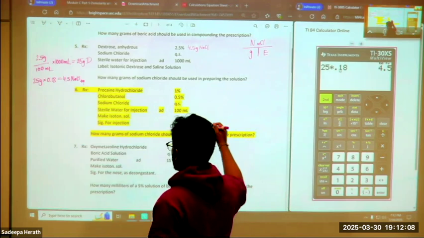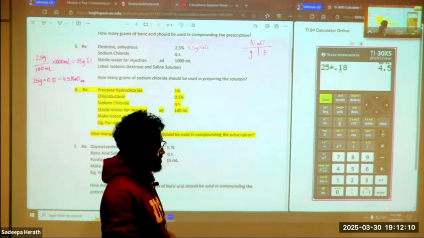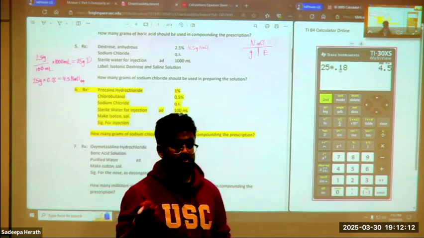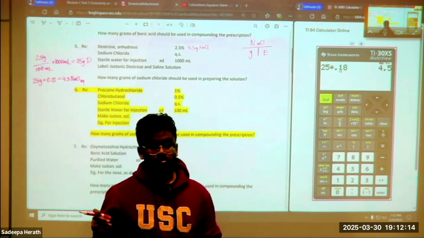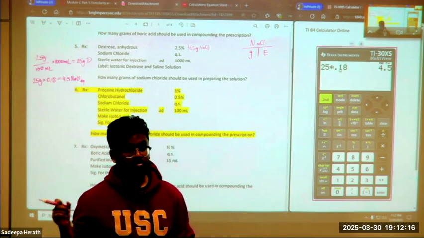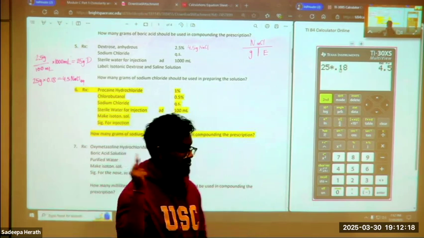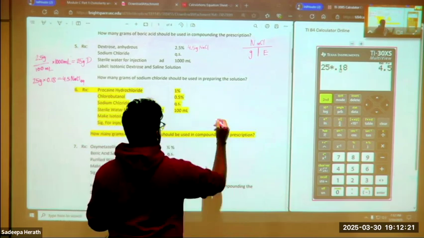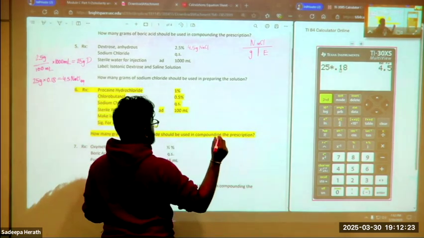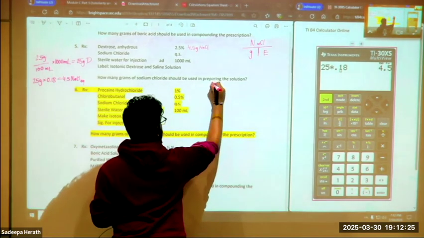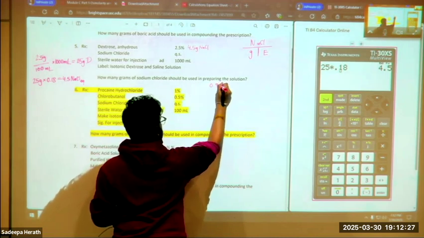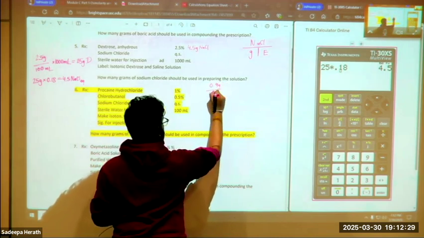So that's 1,000 ml. And then in an isotonic solution, that's what we desire, there are 0.9 grams per 100 ml. So let me just write that out, right? In an isotonic solution, there are 0.9 grams per 100 ml.